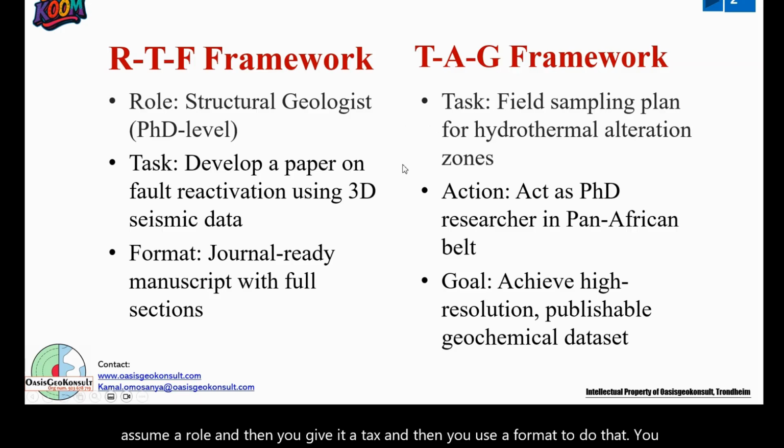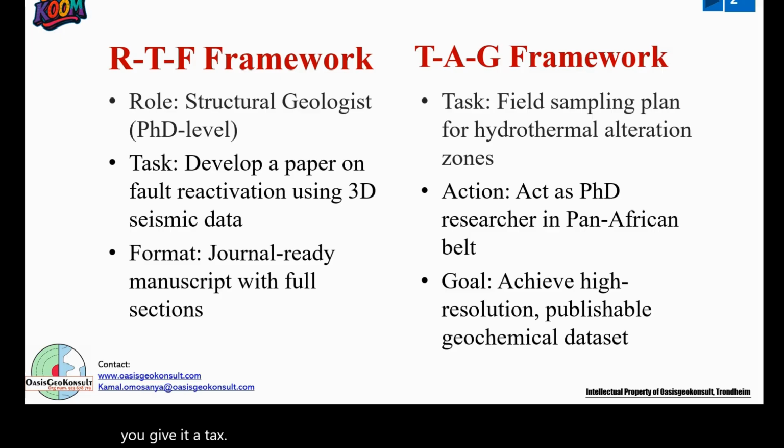The second one is what I call the TAG framework, which is task, action, and then goal. So you give it a task, you lay out an action, and you set a goal for it to achieve.